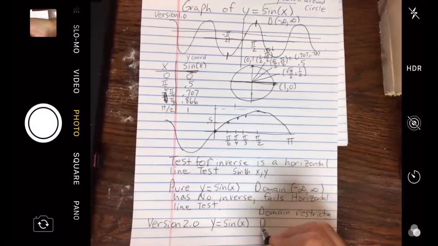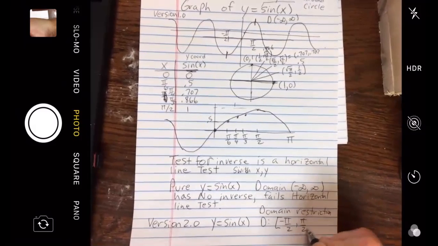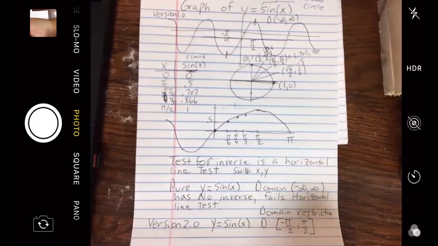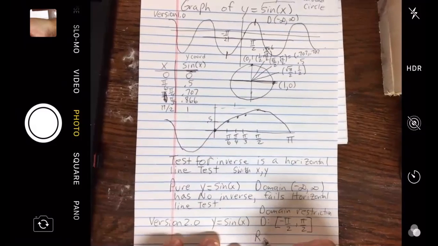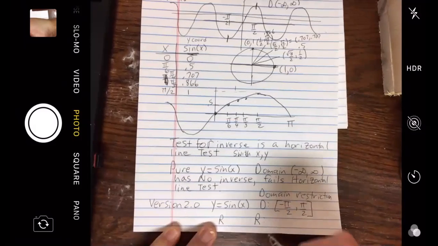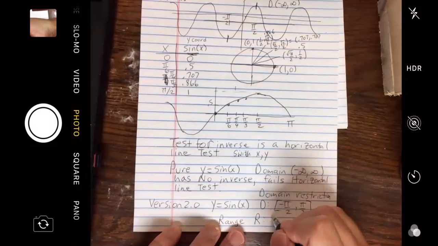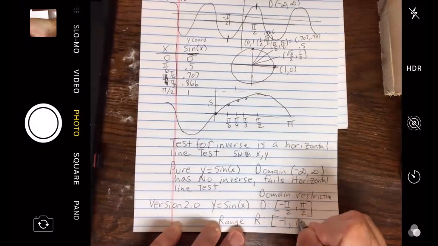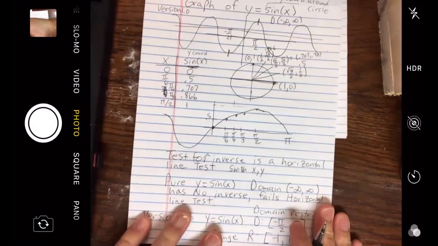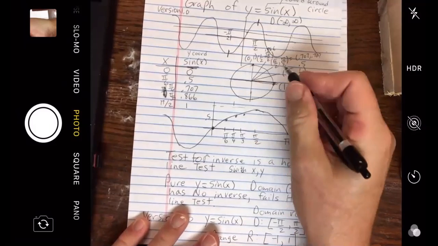Your domain runs from minus pi over 2 to pi over 2. The range on that, you remember, that's x min, x max. Range runs from -1 to 1. On the unit circle, remember, you never get above 1, never get below -1.